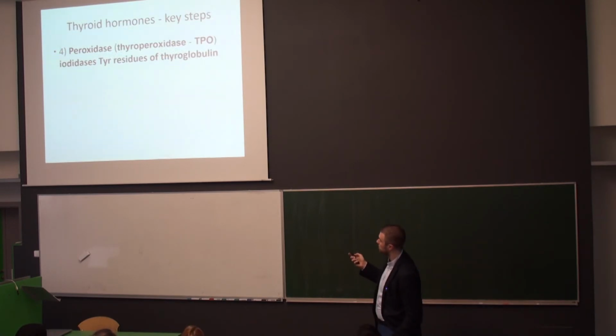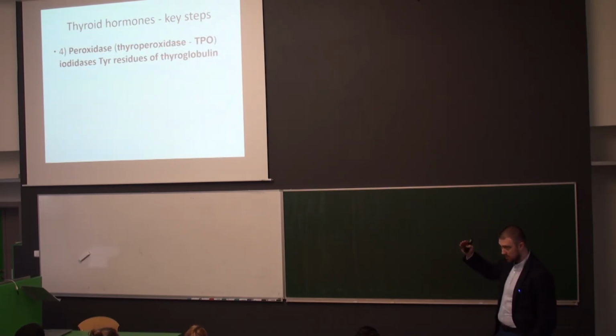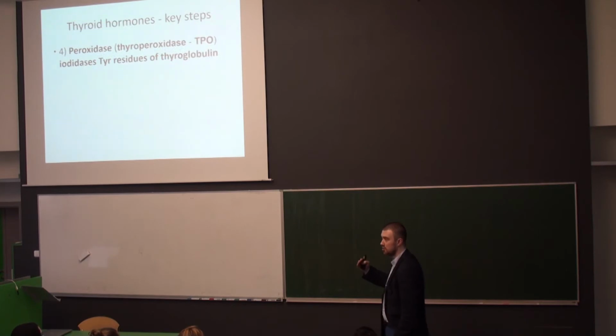Why should you know this abbreviation? Since you will check for the antibodies against this enzyme in the screening of thyroid gland disorders. You will read about it in the list of things that you can measure in the blood of patients in the hospital, the TPO.